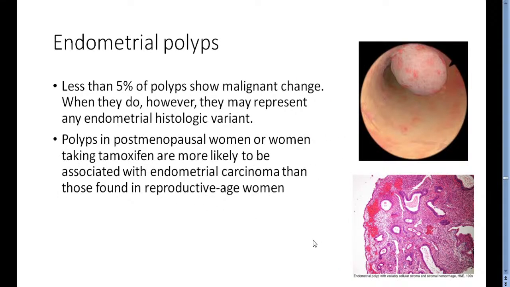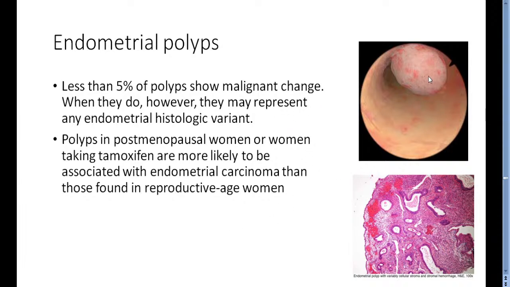The endometrium is a place where endometrial polyps may arise, and those polyps, in less than 5%, may have malignant changes, but pre-malignant changes are quite common in the polyps of the endometrium.